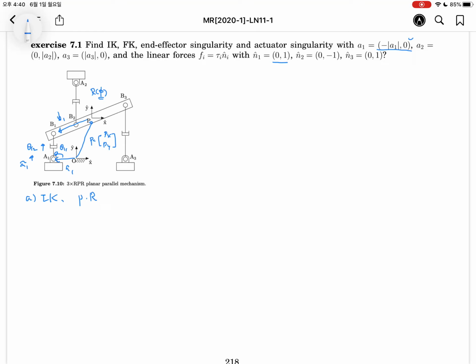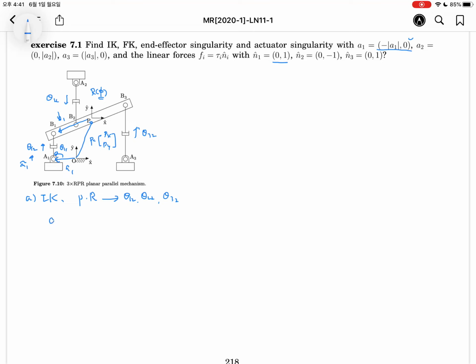For given P and R, 3 are known, and we should find theta 1,2, theta 2,2 and theta 3,2. We should find the joint variables in this mechanism. Okay, it's not difficult.